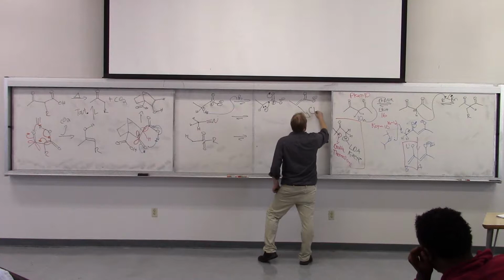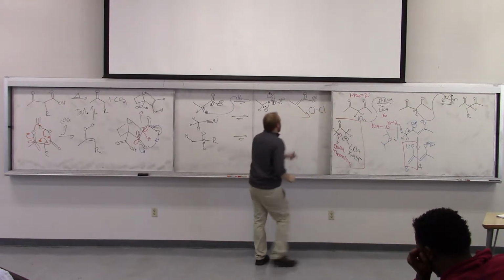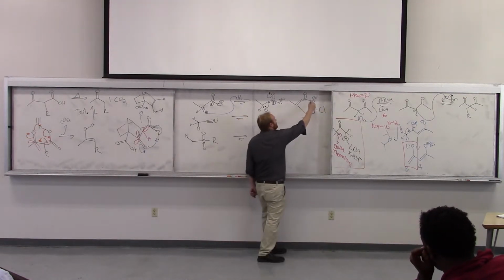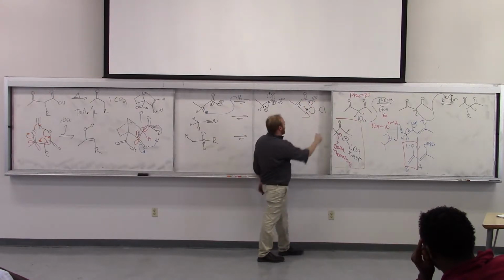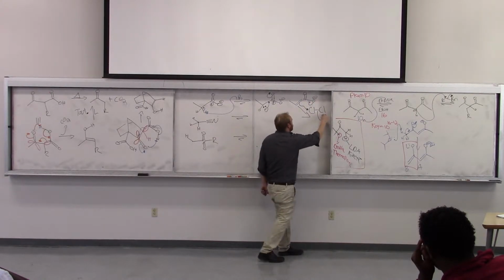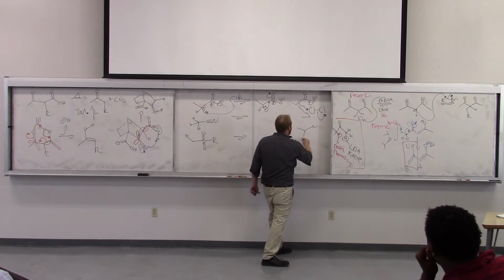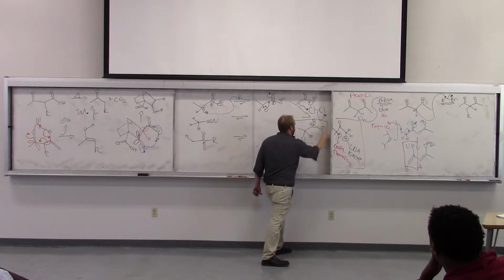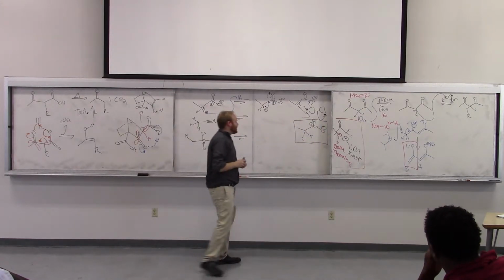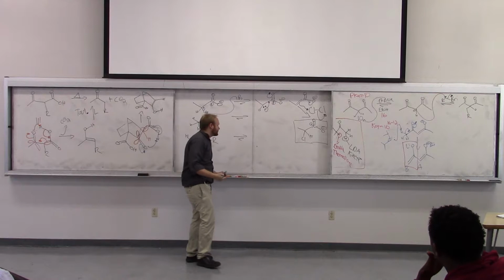So we can take an electrophile like Cl2, and just as before, the enolate-like species we made will attack Cl2, now giving us our alpha functionalized compound.